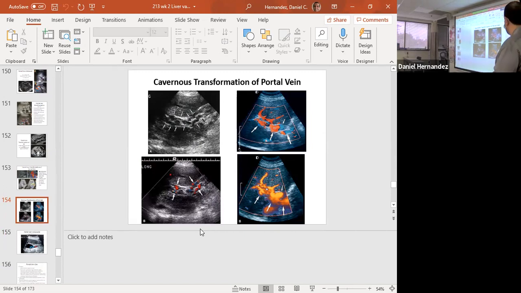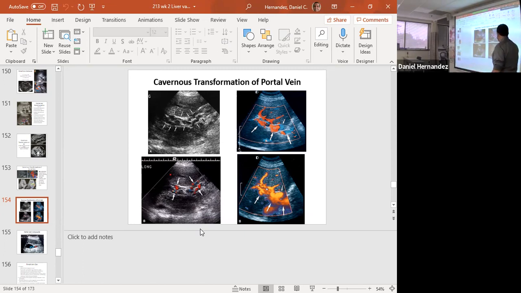Some more pictures just showing that cavernous transformation. When you see this once in ultrasound, you'll never forget it. In this case, they put powered Doppler on, so it looked like some of these areas weren't filling with color, just slow flow.